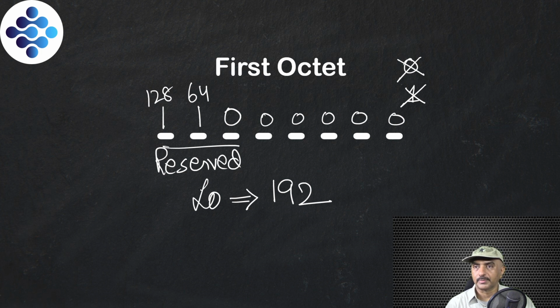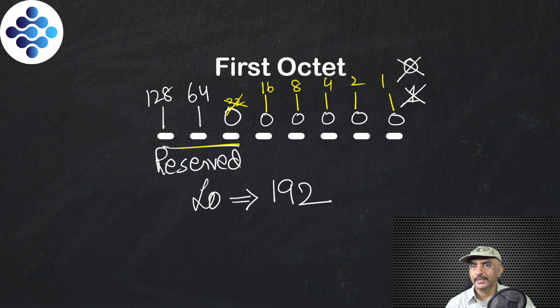For the highest possible number, this is 1, this is 1, this is 0, so they are fixed. We put 1 here, 1, 1, 1, 1. There is already a 0, right? So this 32 we will not be taking, so we'll add 16, 8, 4, 2, 1.